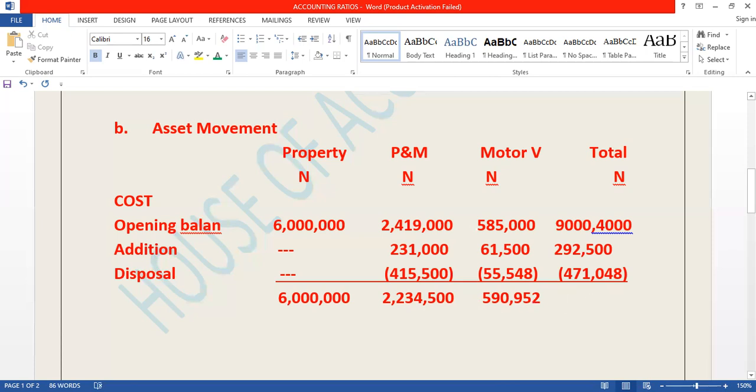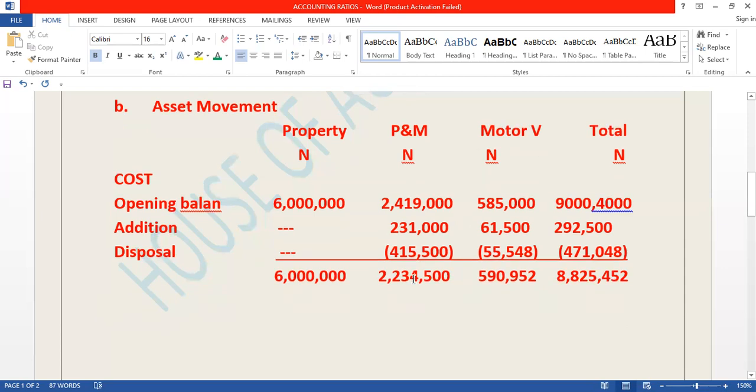What is the total figure we have? 6,2,8825,452. So now this is the new cost of the asset after the adjustments.